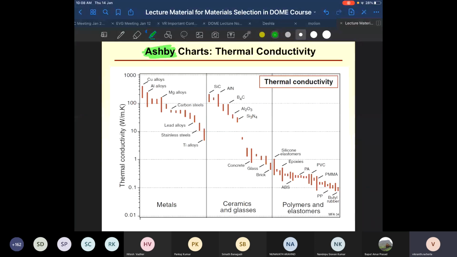So now this is an Ashby chart for thermal conductivity of metals, ceramics, and polymers. Now, please pay close attention to the numbers. So, what is the unit of thermal conductivity?